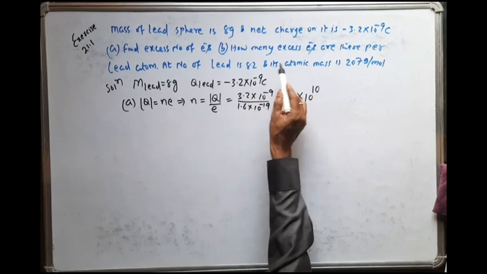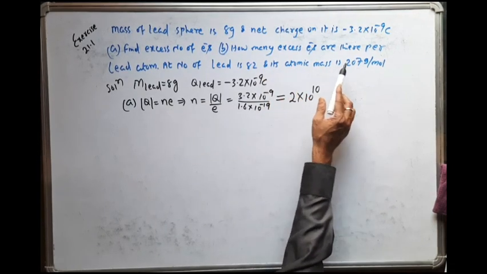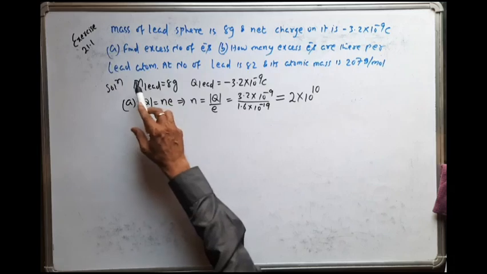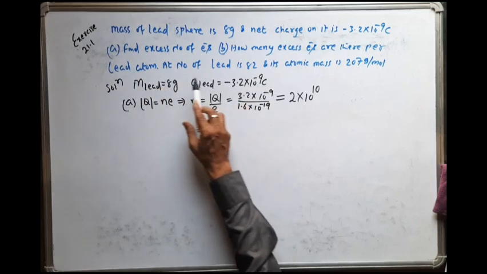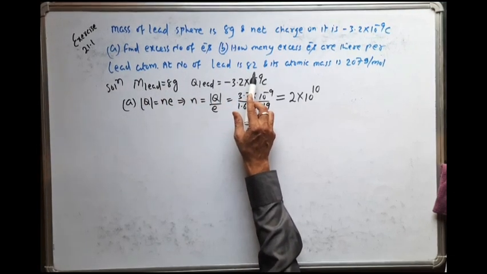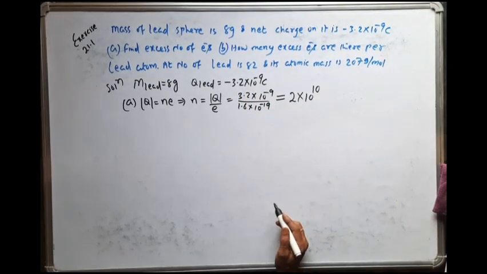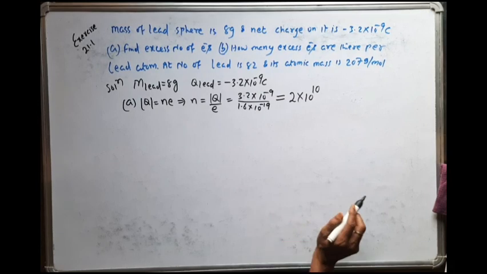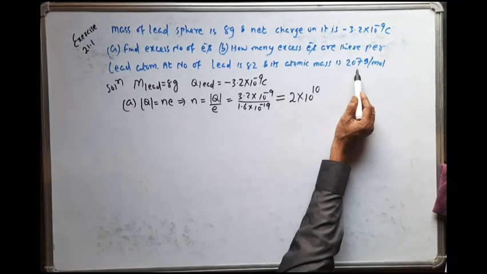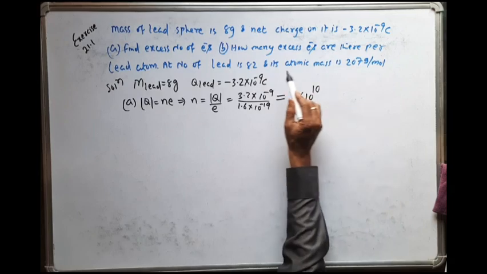Now the second question: how many excess electrons are there per lead atom? The atomic number of lead is 82 and its atomic mass is 207 gram per mole. First we will calculate how many atoms are present in 207 gram of lead.